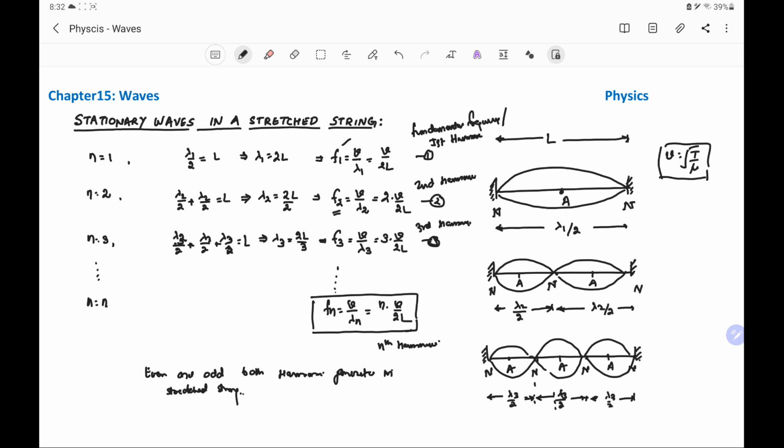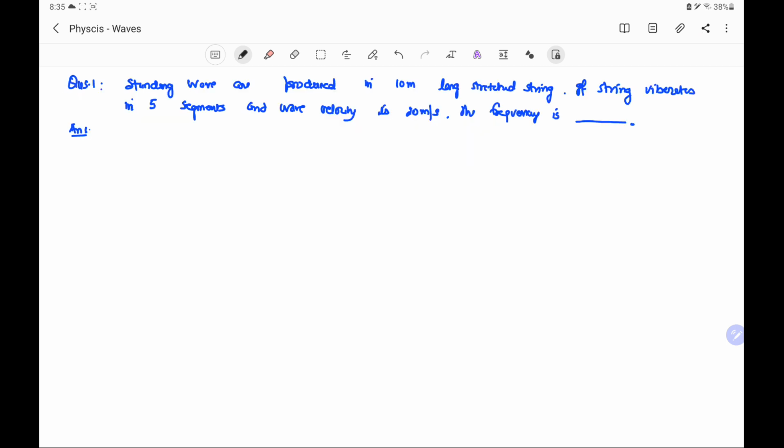Let's take some examples. First question: standing waves are produced in a 10-meter long stretched string. If the string vibrates in 5 segments and the wave velocity is 20 meters per second, the frequency is? Because the stretched string is vibrating in 5 segments, that means the number of loops is 5.